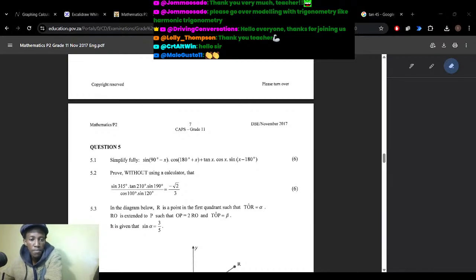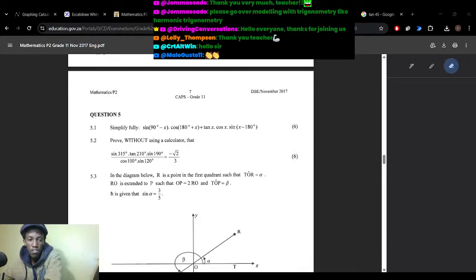It says prove without using a calculator that this equals square root 2 over 3, right? So let's go on and prove that it is the case indeed. Let's go to Excalidraw.